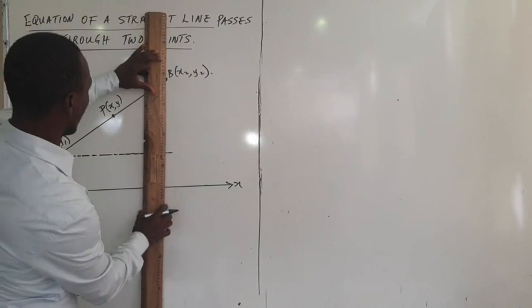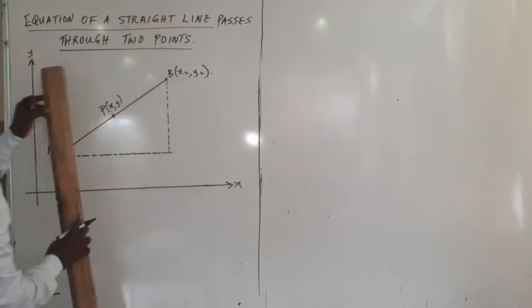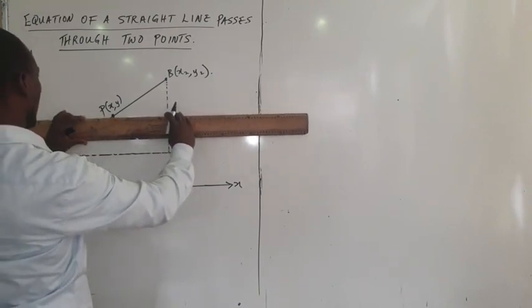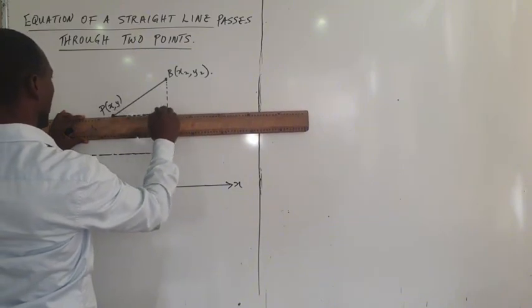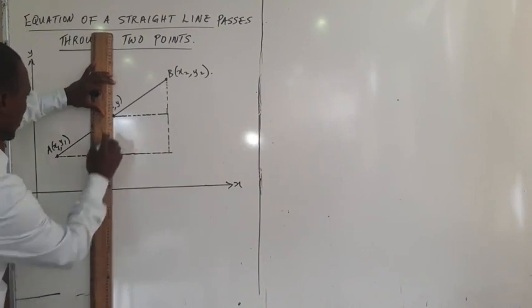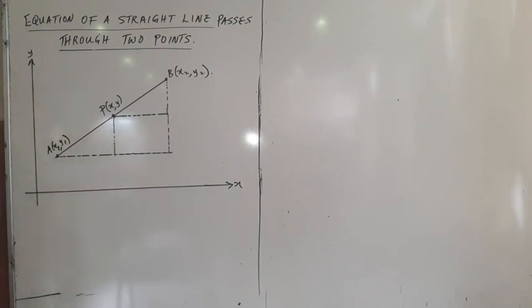So AB, we have a big right angle triangle. Then we have the vertical axis. Then along AP, we have this. So what we're going to do now, we trace this to the x-axis.